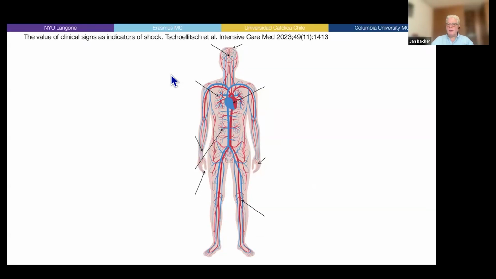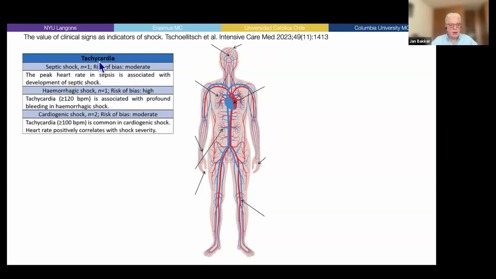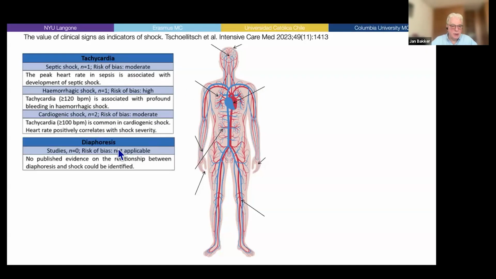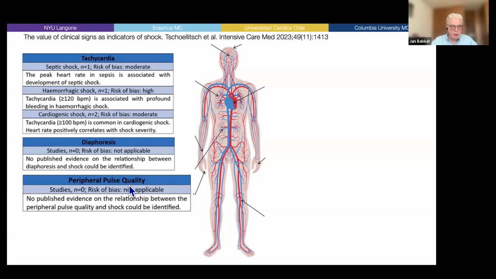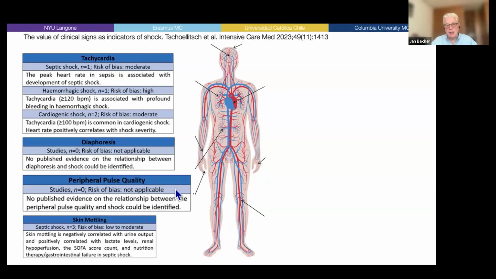Now, the value of these clinical signs was assessed in a recent meta-analysis published in Intensive Care Medicine. They looked at what's the evidence for all these parameters, like tachycardia, diaphoresis, peripheral pulse quality, skin mottling.